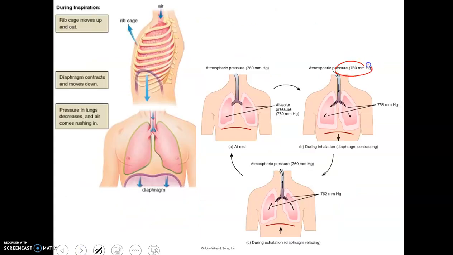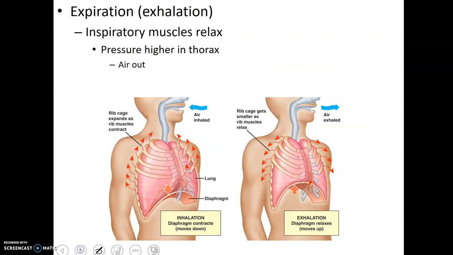Here's another look, 760, 758, air is going to want to come in due to that diaphragm contracting. When we want to exhale, we're going to do the opposite. We're going to relax the diaphragm, and the air is going to be pushed out of our airway. Simultaneously, your intercostals will relax, and that will cause even more pressure on your thoracic cage.